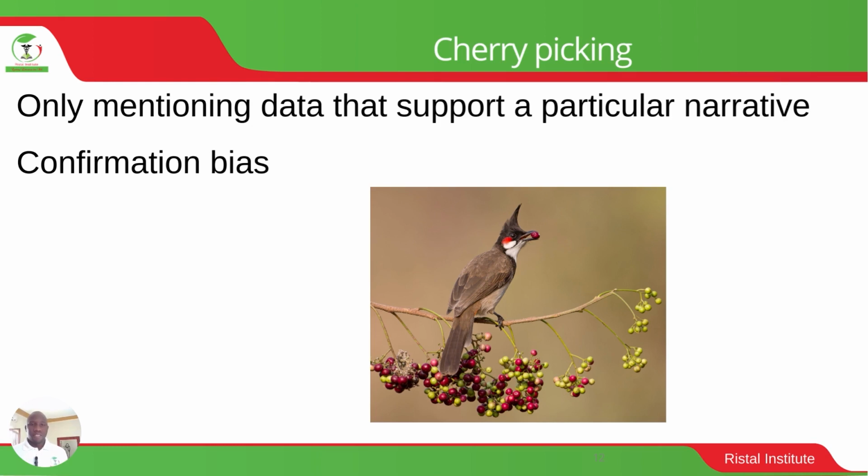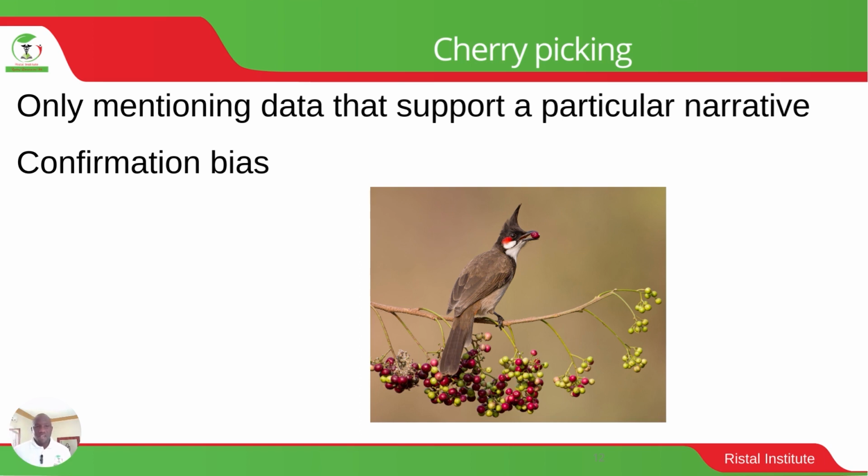Cherry picking is using data that support a particular narrative that you have. It can be called confirmation bias. So like you see the cherries, we have the green ones, and then you have the ones that are actually ripe. So you focus on picking information that drives your narrative.